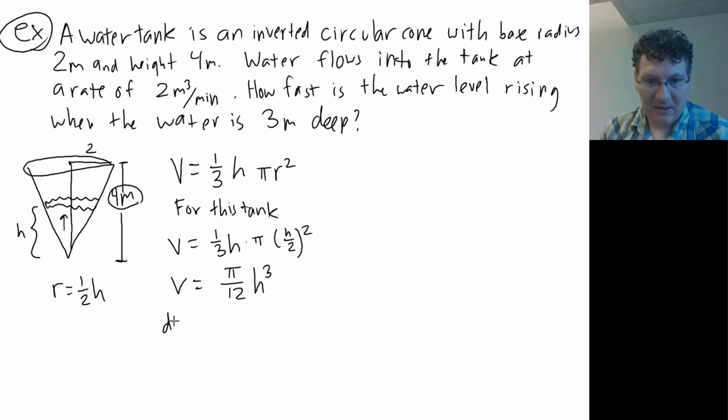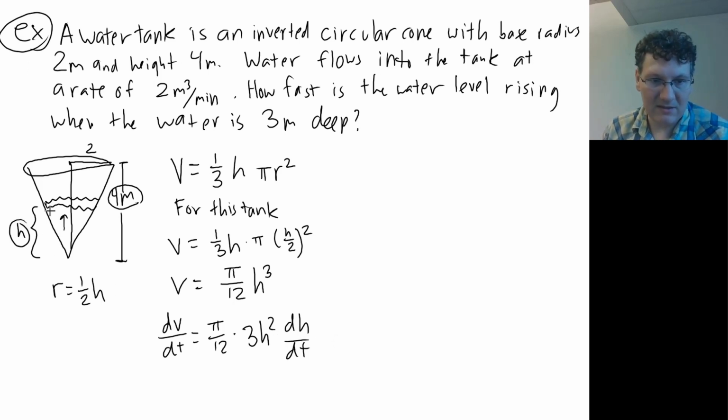So that's going to be dV/dt equals pi over 12 times 3h squared dh/dt. Now we're talking about how the height of this water cone, not the full thing, but the water cone, that's the h. And now the volume is increasing at a constant rate of 2 cubic meters per minute.